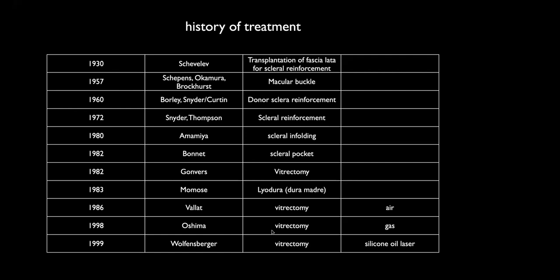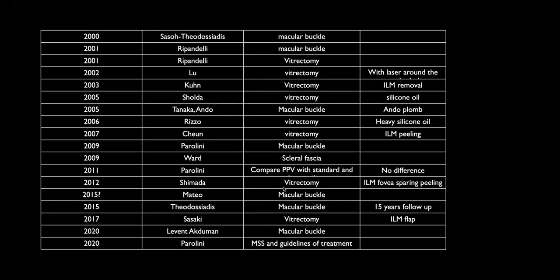From then on, we see in the literature basically vitrectomy against or with the buckle most of the time. But you see, macular buckle basically recurs periodically, and this is due to the fact that vitrectomy unfortunately did not lead to spectacular results in this pathology.